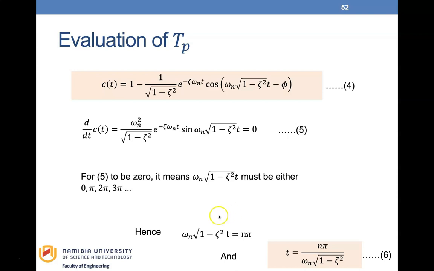For this equation to be 0, it means that the sine quantity must be 0, and this will occur when omega subscript n square root of 1 minus zeta squared times t equals 0, pi, or 2 pi, because any of these quantities will give us sine of this quantity to be 0. Hence we can write t as shown in equation 6.